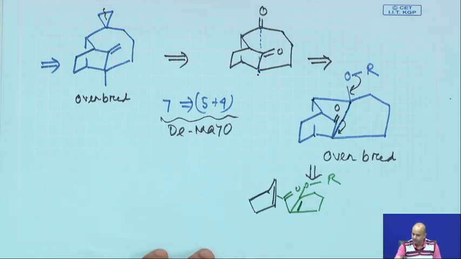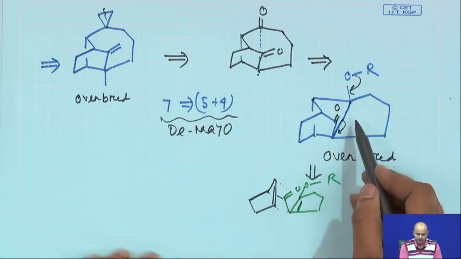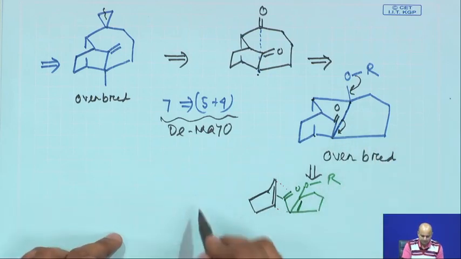Now, see what I am basically proposing here. You have a 2 pi at this point, you have a 2 pi at this point, okay. And now we will be basically connecting this 2 pi and this 2 pi through a photocycloaddition, and then basically you will be trying to make this strained overbred.